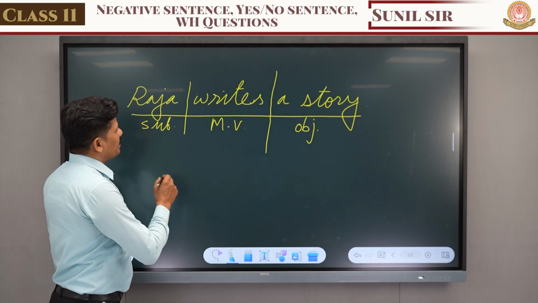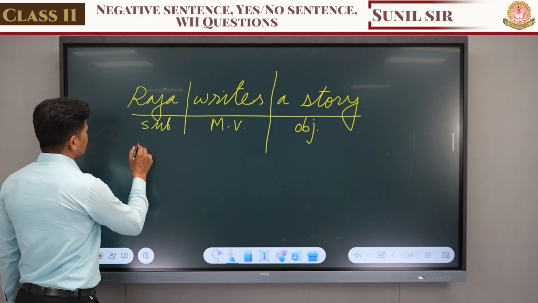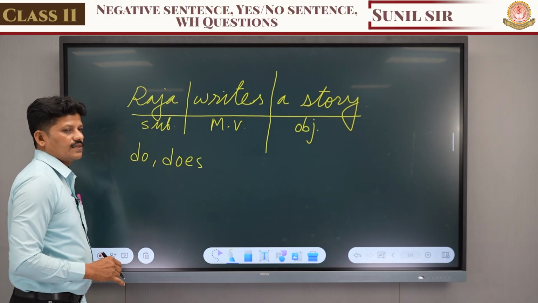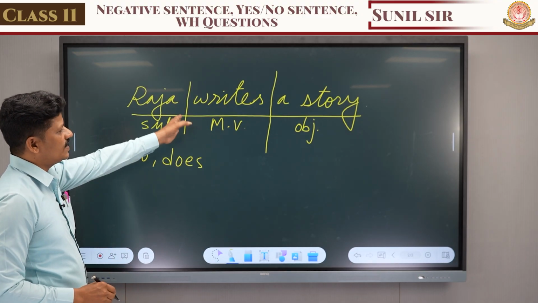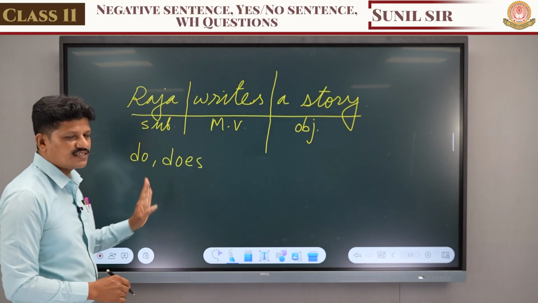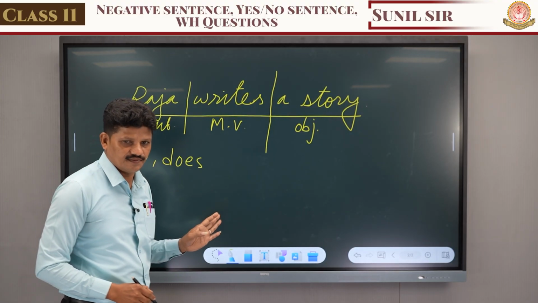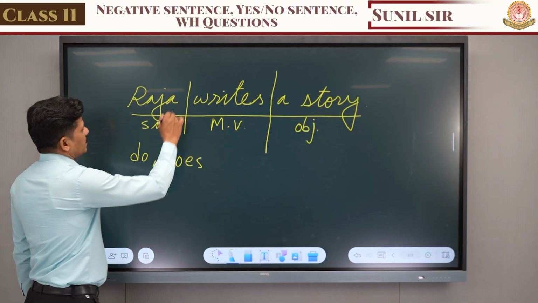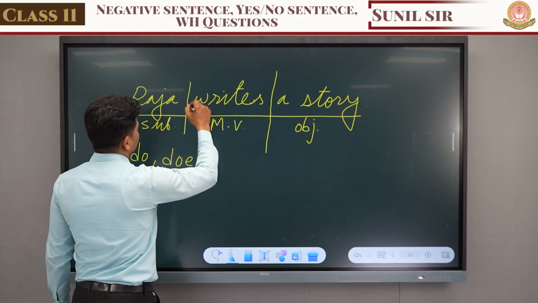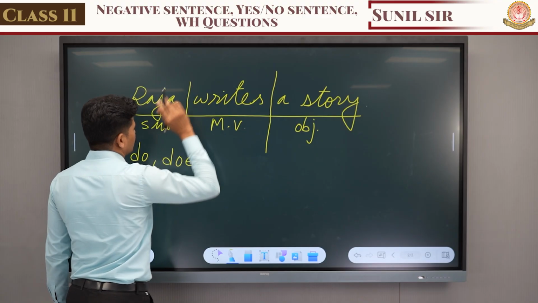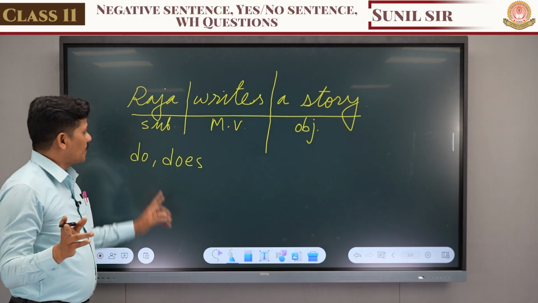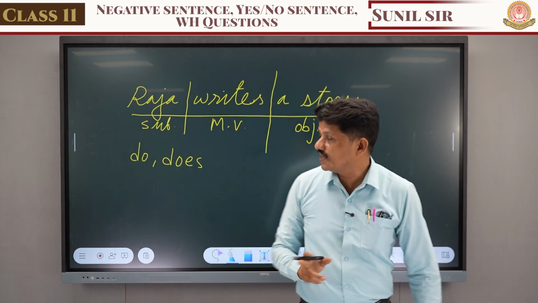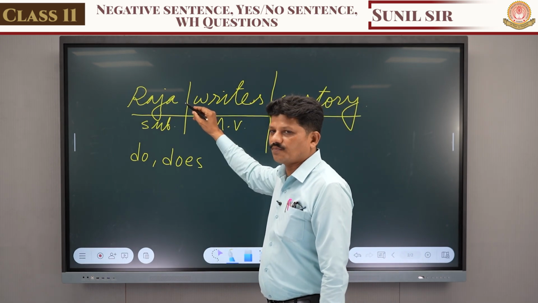In simple present tense, the helping verb is always do or does. Though we don't see any helping verb here, it is there, it is invisible. One thing you have to remember: the helping verb always comes soon after the subject.